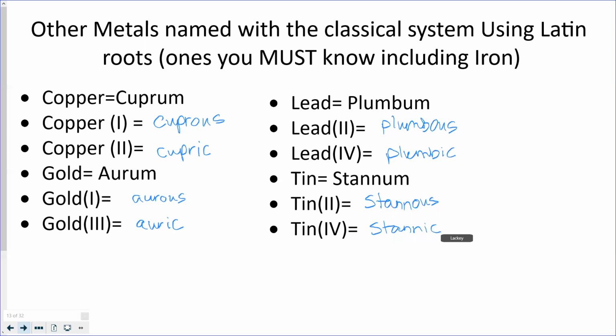So that is the only additional thing that you need to add on for transition metals. You can do this with other elements, but you are only going to be responsible for doing this with these 5. So remember, you need to add classical if it is iron, copper, gold, lead, or tin.